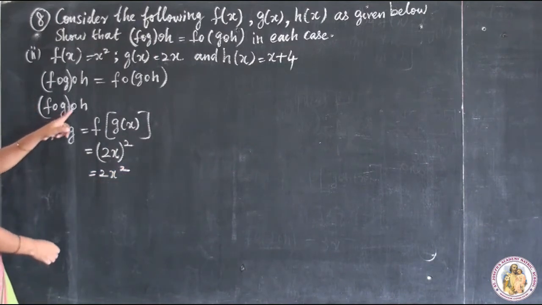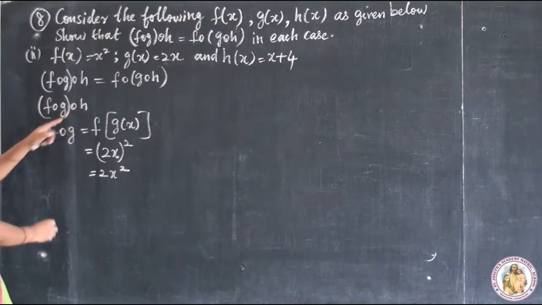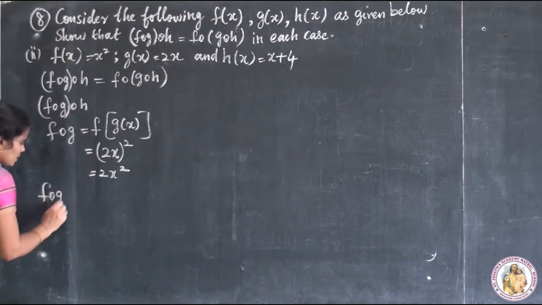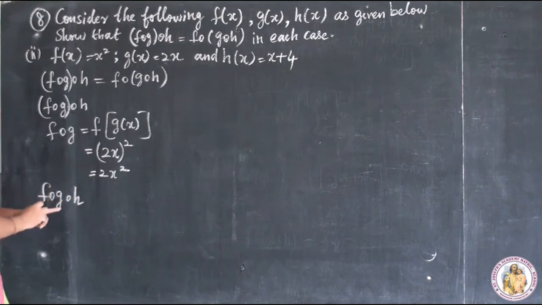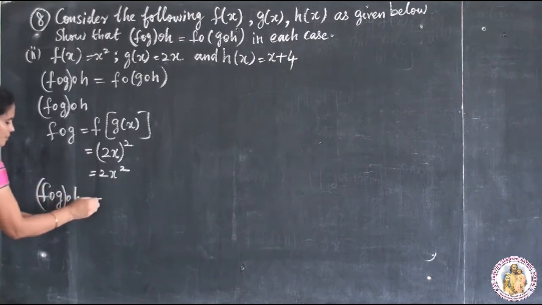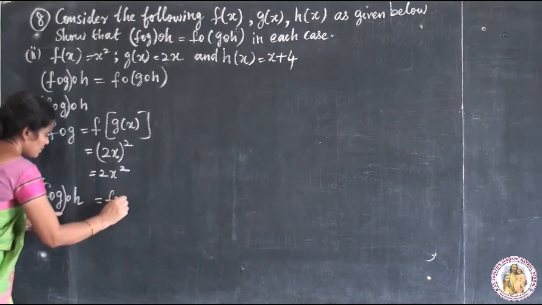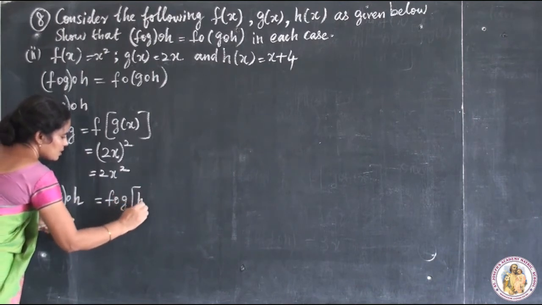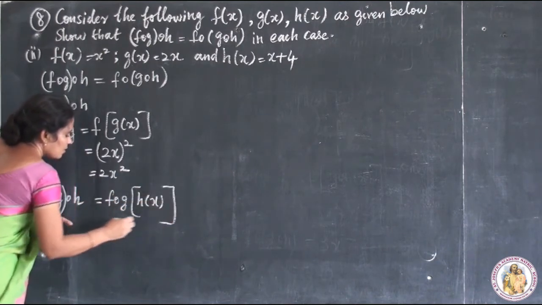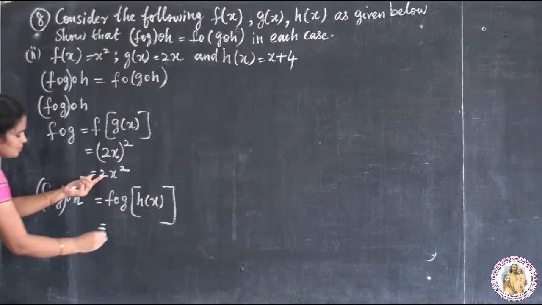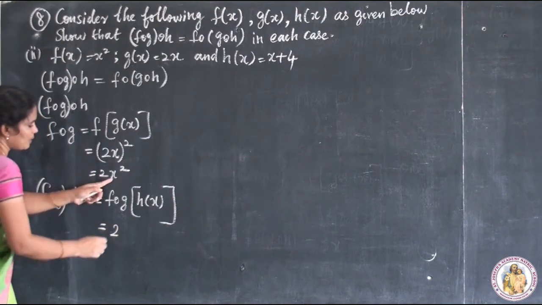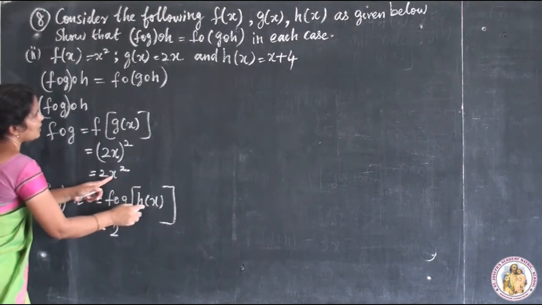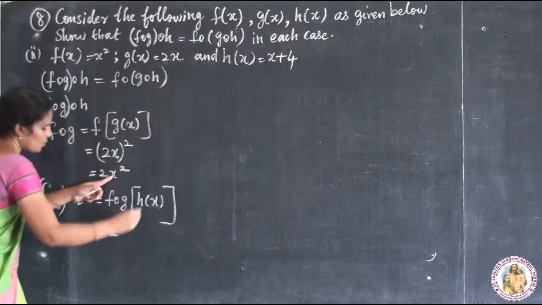Okay. And f of g of h, here f of g of h is h of x. Okay, 2x square. In the place of x, you have to write h of x, which is x plus 4.